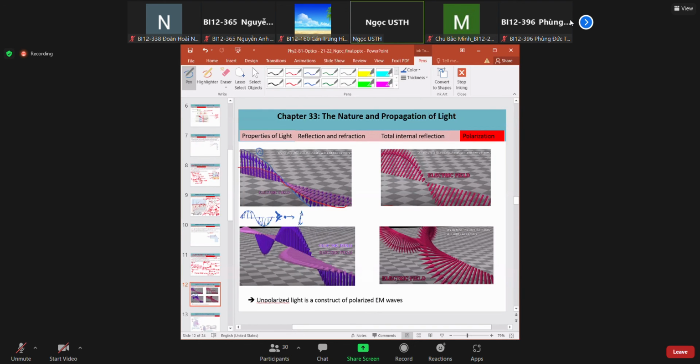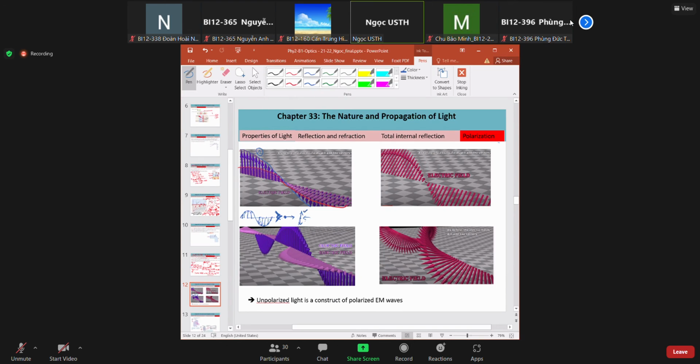You see that, right? And here is the way you describe the polarization of a light, of a single wave like this. You understand this? And here is a polarization.